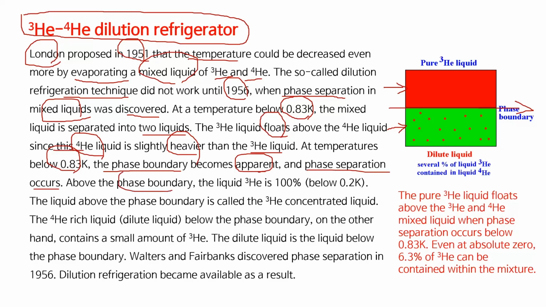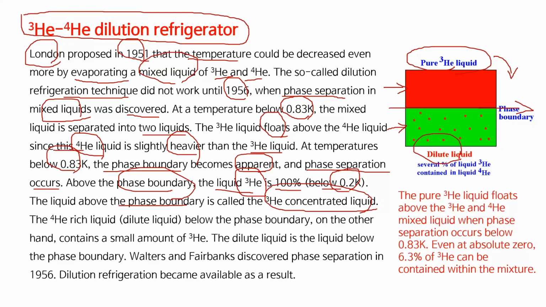Above the phase boundary, the liquid helium-3 is 100% pure below 0.2 Kelvin. So pure helium-3 liquid is located above the dilute liquid. The liquid above the phase boundary is called helium-3 concentrated liquid.